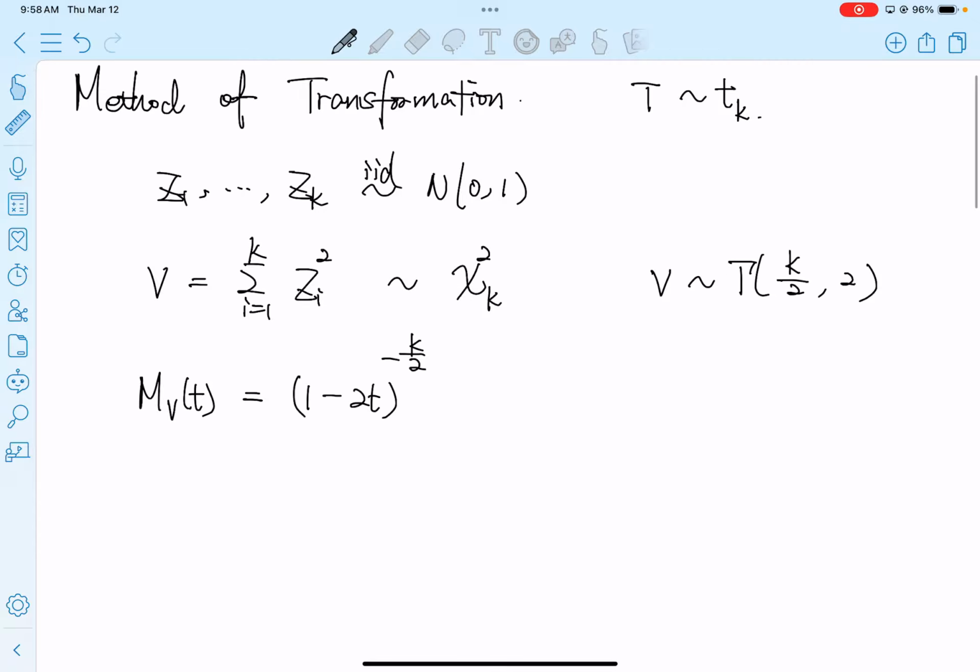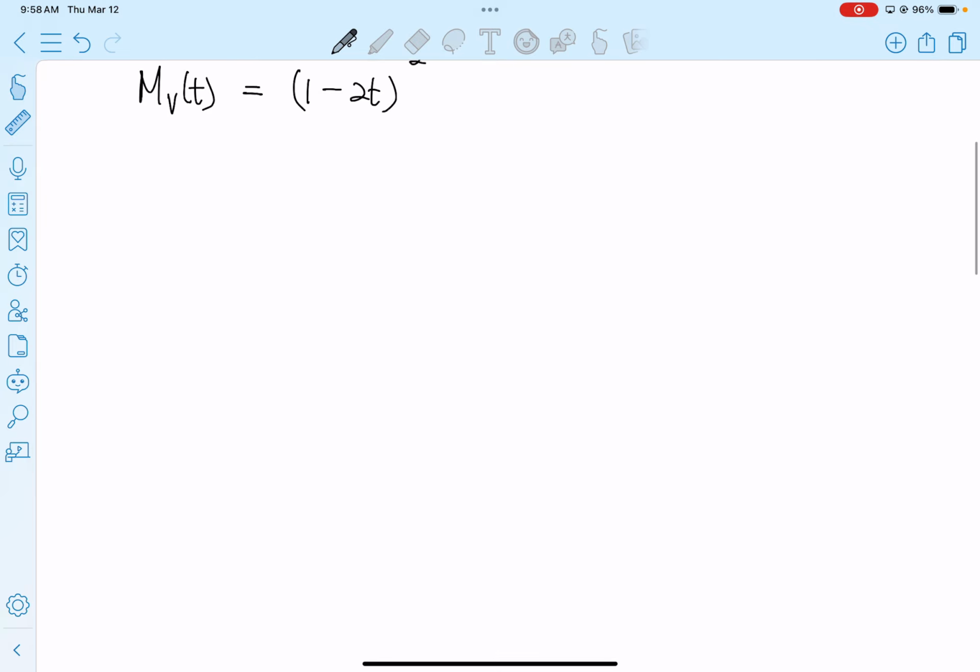Now in this picture, so far we have two random variables. One is the standard normal and the other is a chi-square. Now let's introduce one more transformation. Let's denote this capital letter T with the following transformation, where we have a standard normal Z on the top and then a chi-square random variable V divided by its own degree of freedom, taking the square root.